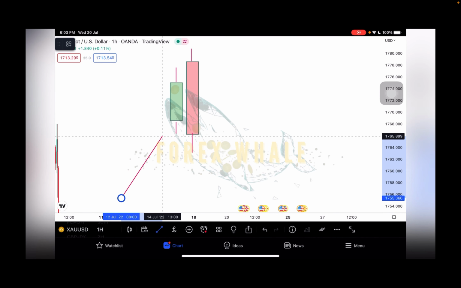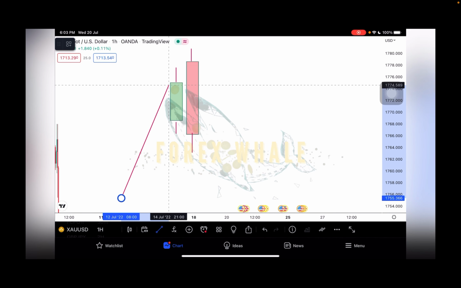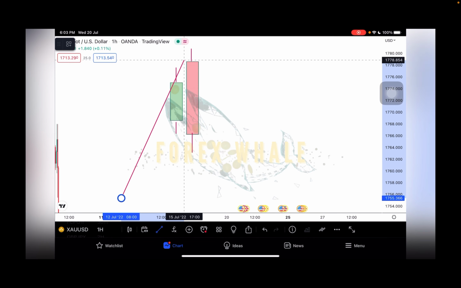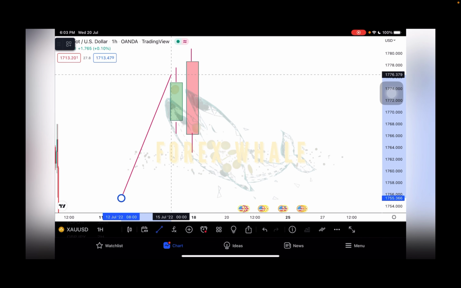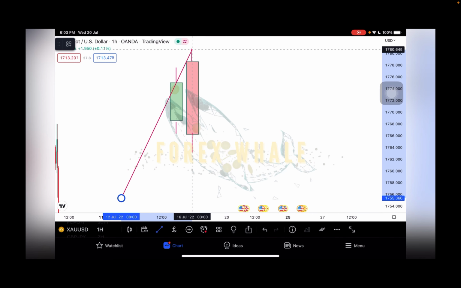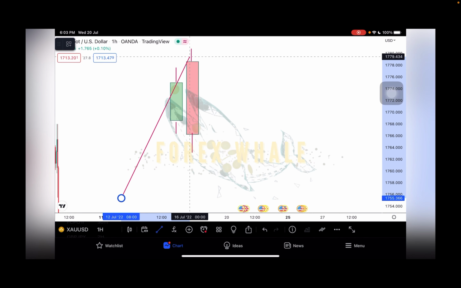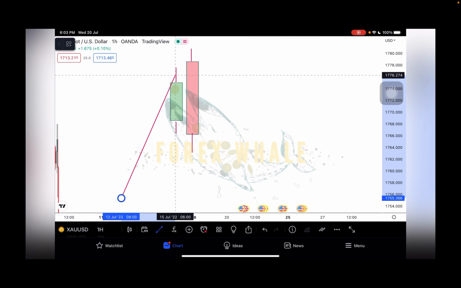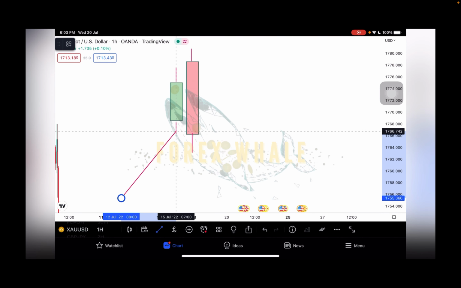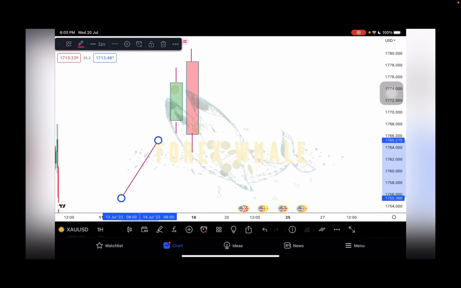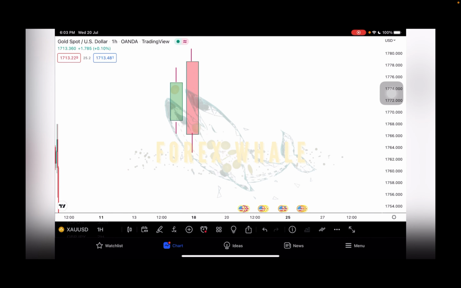Not just the body size is bigger than the previous candlestick, but also the shadow is bigger than the previous one, or it is longer, or it engulfs the previous shadow as well. Look, this shadow is longer than this one, and this one is of course longer than this one. That is the characteristic of an engulfing.